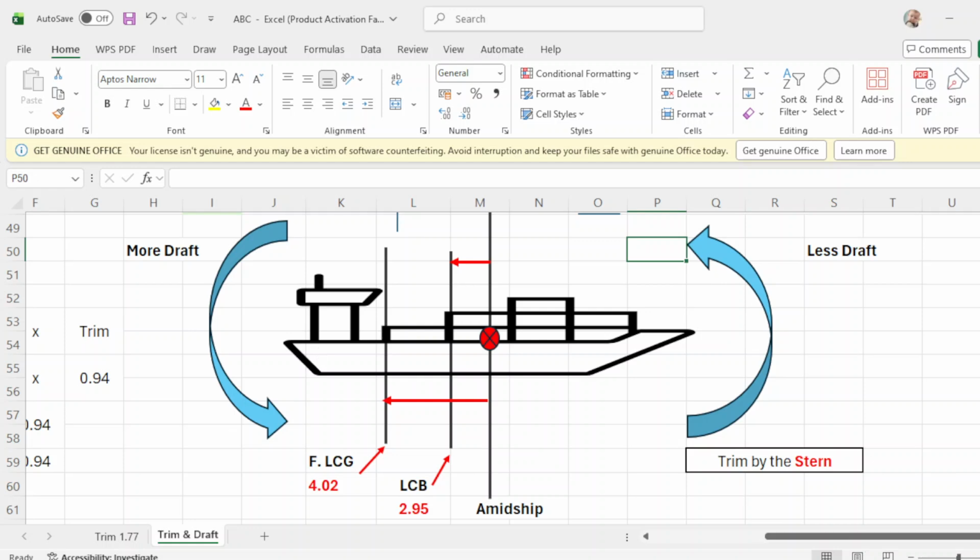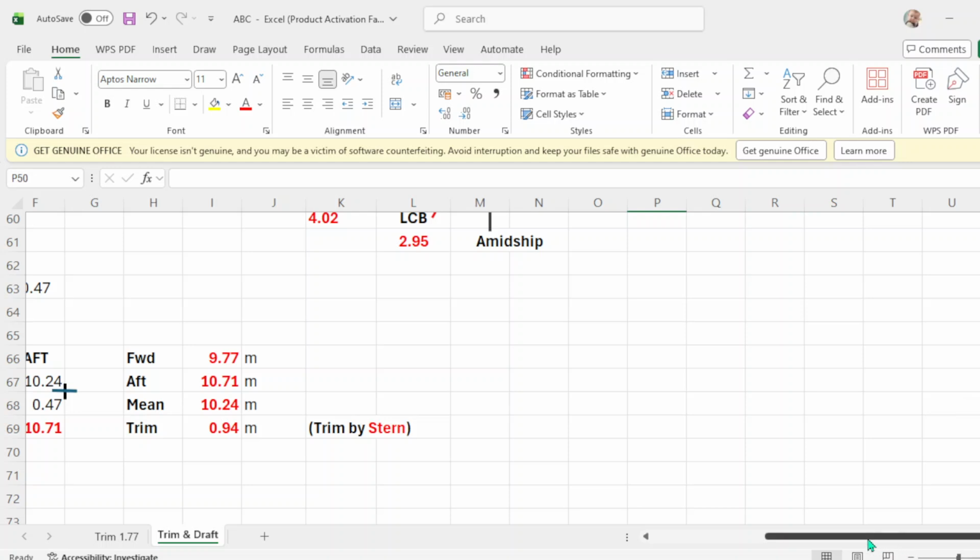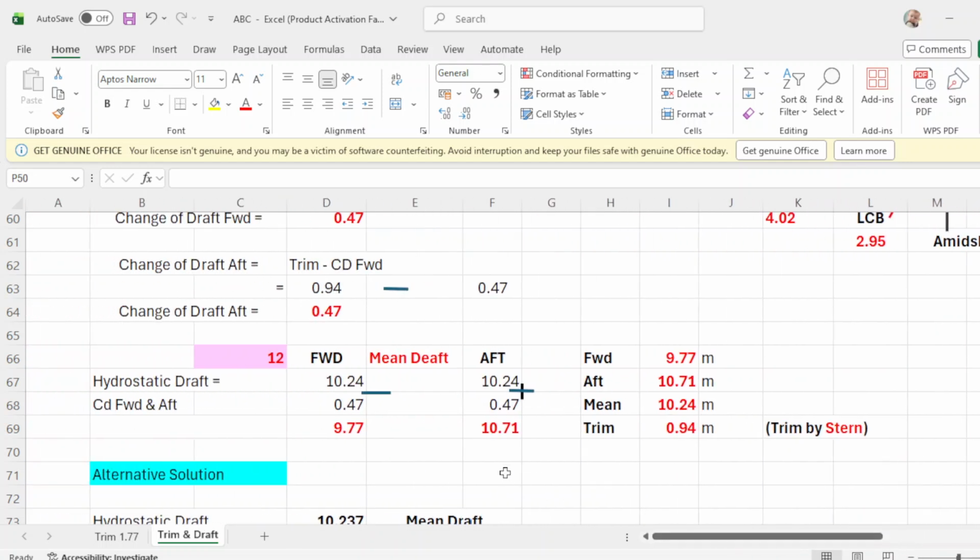That's the reason why you have more drop up and less drop forward, because you add, the vessel up will sink. That's why you add the change of drop up and change of drop forward.